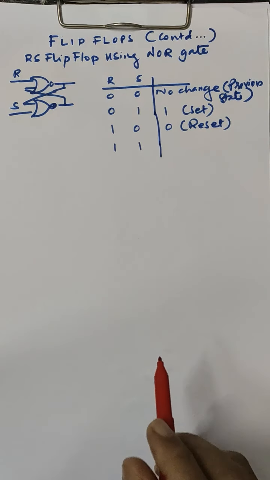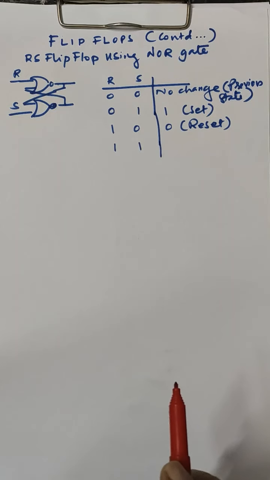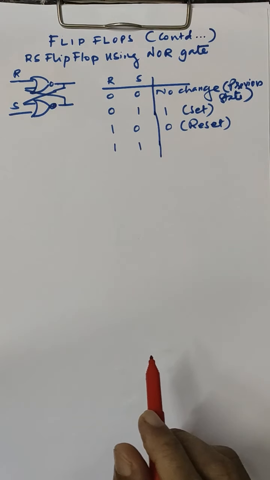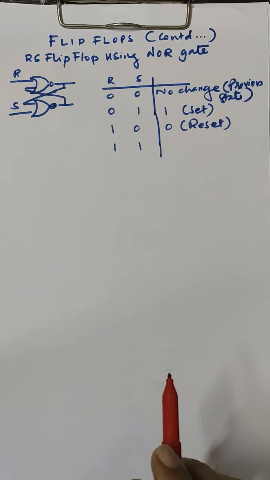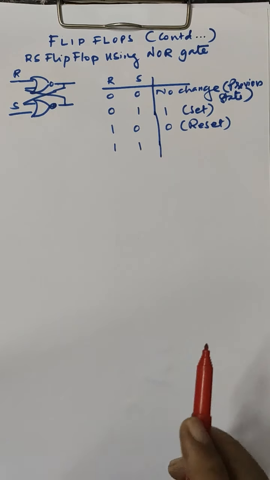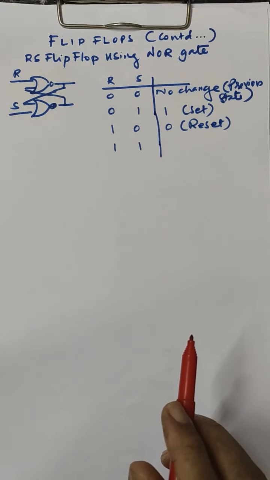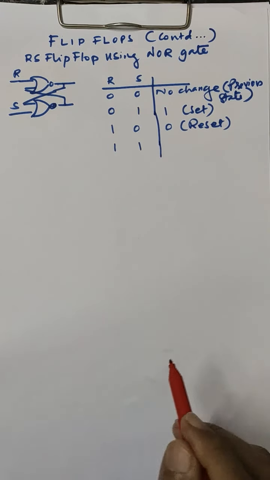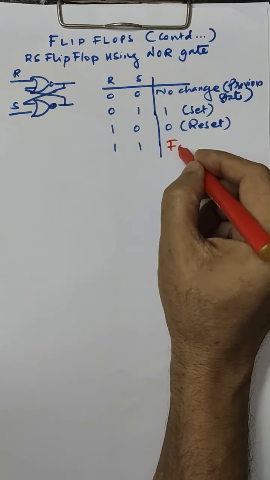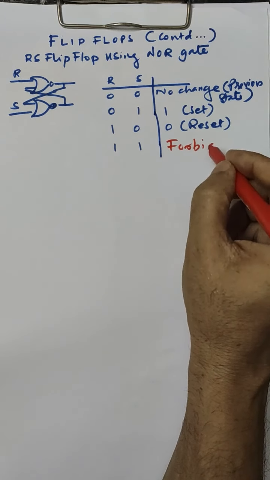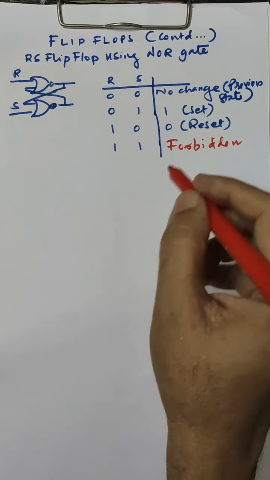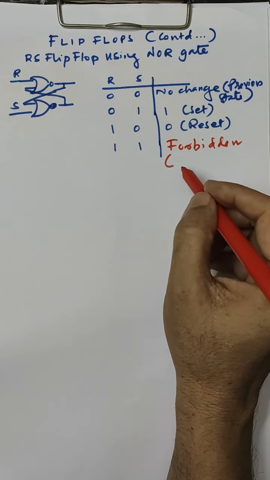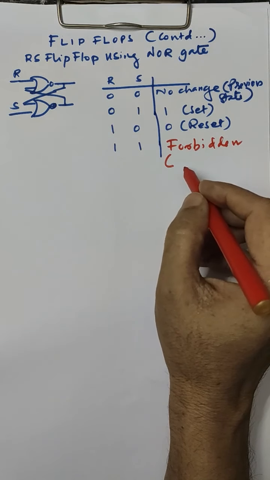So in order to work it properly, we are not supposed to apply the condition both R and S as 1, because in this condition the behavior is erratic, or we can say that the condition is forbidden. Such conditions are known as forbidden state, that is, we are not allowed to make it 1.